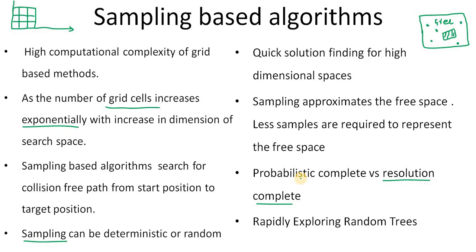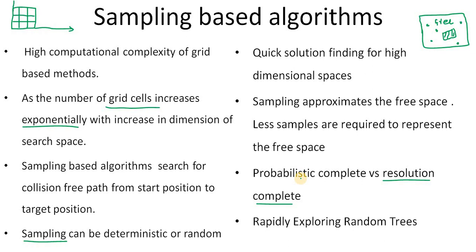One type of sampling based algorithm is called rapidly exploring random trees. This is a sampling based algorithm which uses trees, not like a natural tree, but a graph tree. I hope you remember that we have studied a lot about trees and graphs.